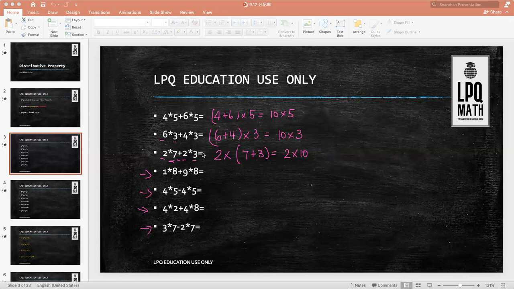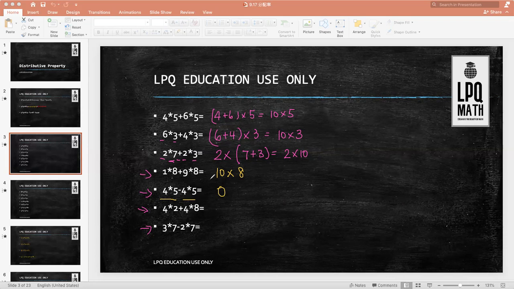Now, Ping Ping, could you tell me how to do the next 4 questions? 1 plus 9 in brackets times 8. So it's 10 times 8, which equals 80. 4 minus 4 equals 0, and 0 times 5 equals 0. So 4 times 5 minus 4 times 5, times 5, also equals 0.